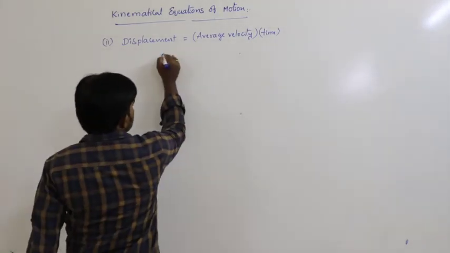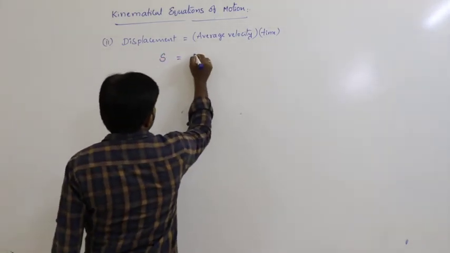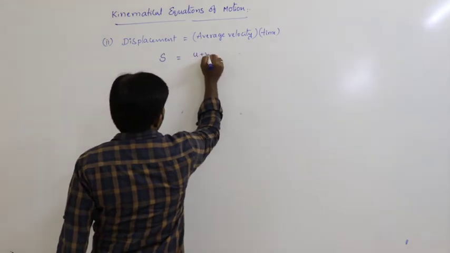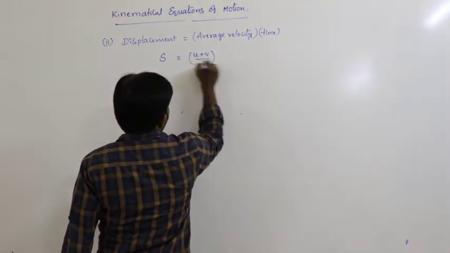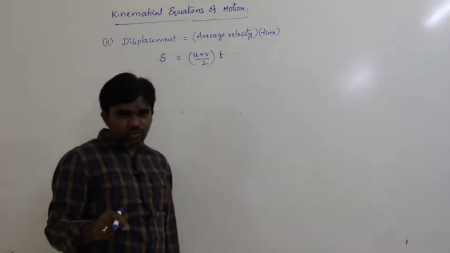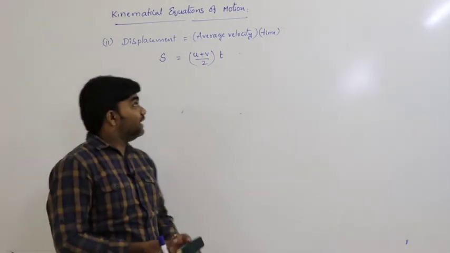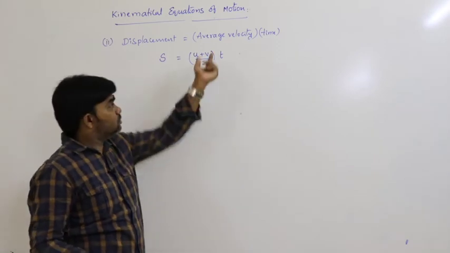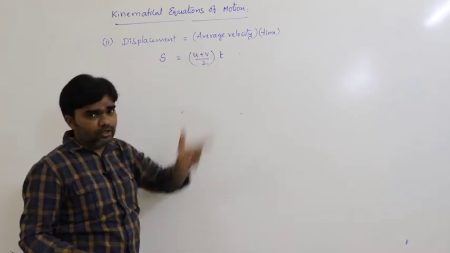So displacement is considered as S. Average velocity is (U plus V) by 2, into T. Initial velocity is U and final velocity is V. Then the average of those two is (U plus V) by 2, into T.